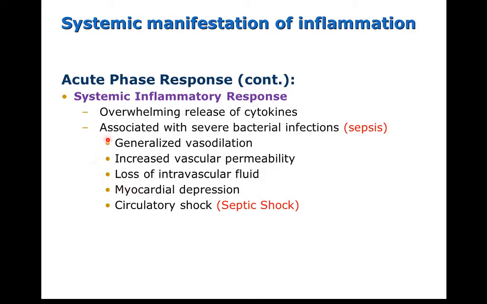And we'll talk about septic shock in a later chapter, but I want you to notice if we vasodilate, we increase permeability, which loses intravascular fluid. All of these things are setting us up for a major drop in blood pressure. And that's a big symptom of septic shock.